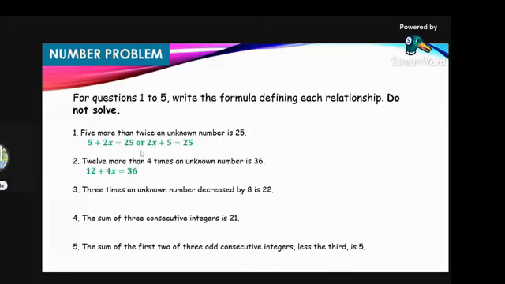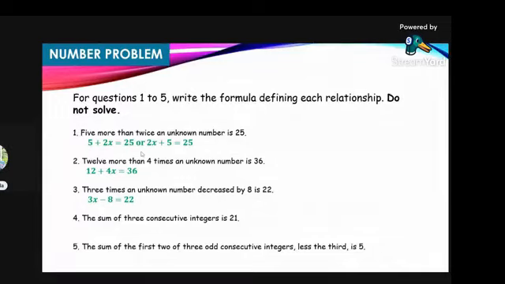Sir Nay and Sir Alvin gave the same answer, along with Sir Michael, Ma'am Jean, Ma'am Jezza, Ma'am Jesseline, Ma'am Carlene, Rofel, Sir Marlon, and Ma'am Annabelle. You got the answer for number 3 correctly: 3x minus 8 is equal to 22.